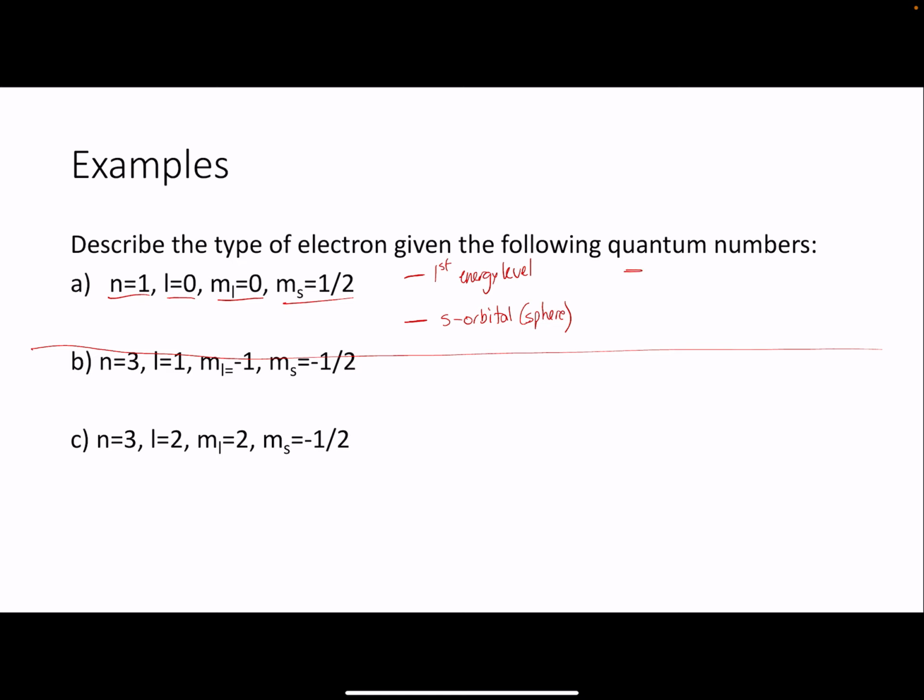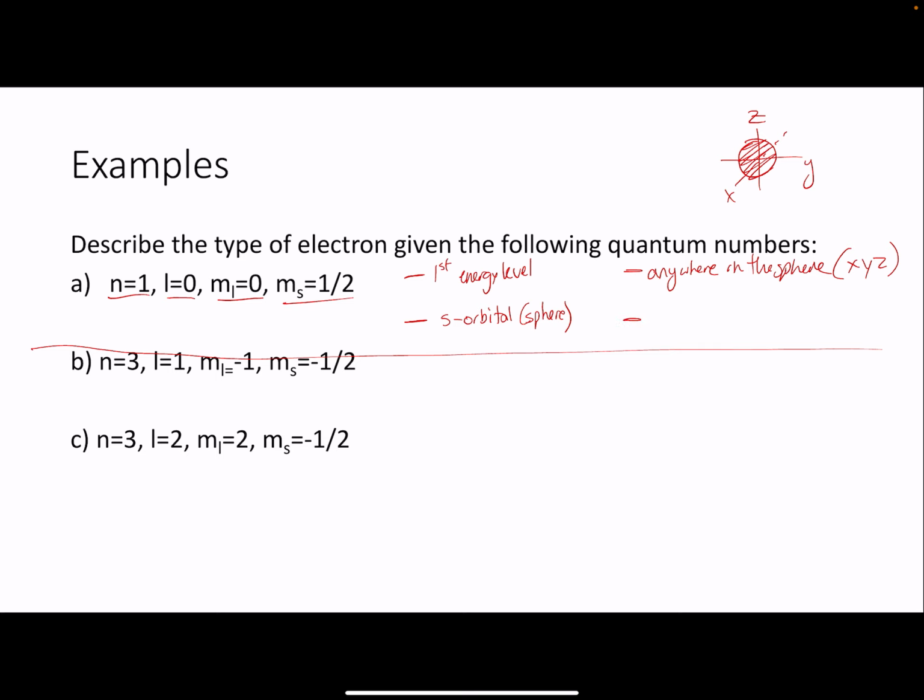The third number describes the XYZ orientation. So if that's our XYZ plane, and we have a sphere overlapping all of those planes, we just say the electron is anywhere in the sphere, or XYZ direction. Really, they represent the same thing.